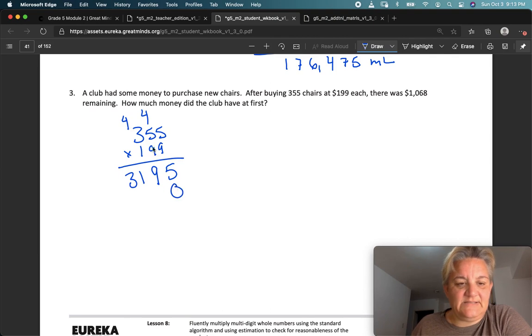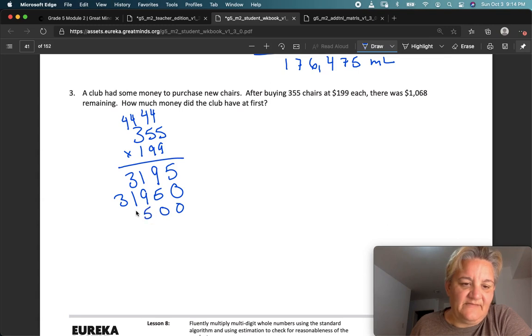Then the tens, 9 times 5 is 45, carry the 4. 9 times 5 is 45, plus 4 is 49, carry the 4. And 9 times 3 is 27, plus 4 is 31, which makes sense because we just multiplied 90 instead of 9 times the number. And finally the hundreds place, which is easy, 5, 5, 3.